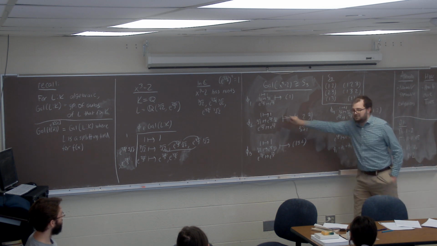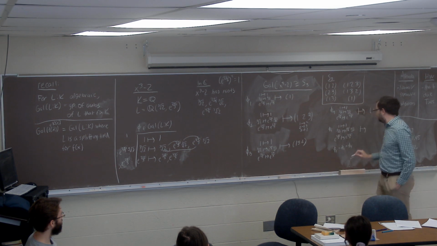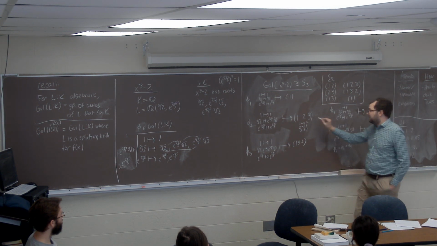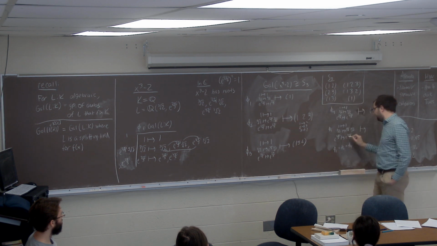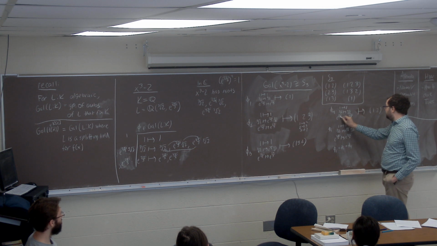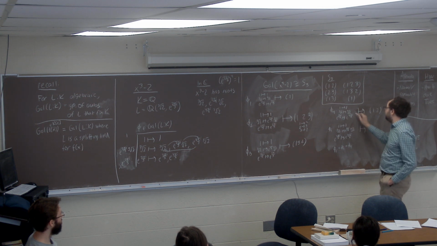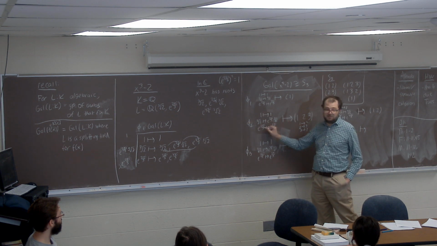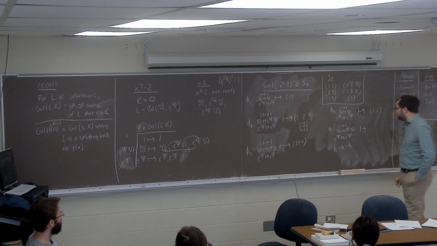Phi 2 will still map 1 to 1. Cube root of 2 will map to cube root of 2, which maps to e to the 2 pi i over 3 cube root of 2. E to the 2 pi i over 3 maps to e to the 4 pi i over 3, which maps back to itself as a consequence of this relation.